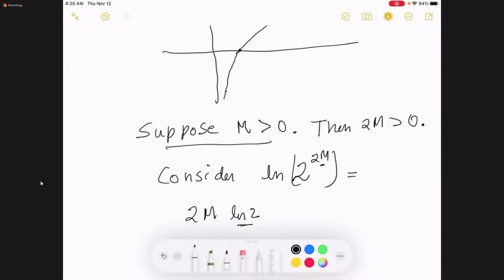And we proved also that ln of 2 was bigger than a half. So that's 2 times m times a half, and that's equal to m. So ln of this number is bigger than that number m.